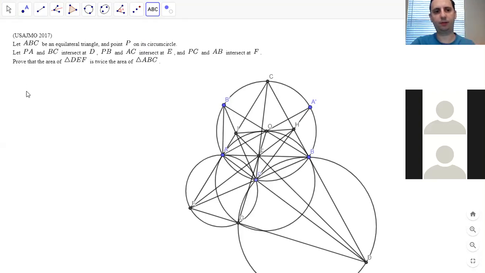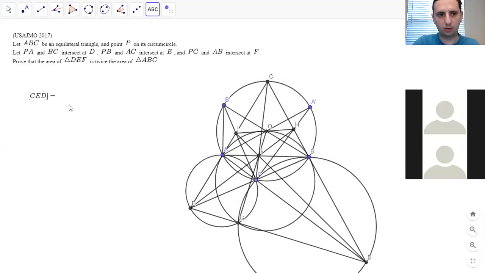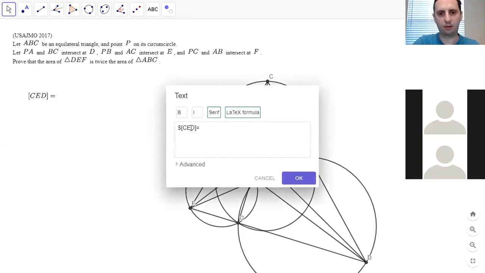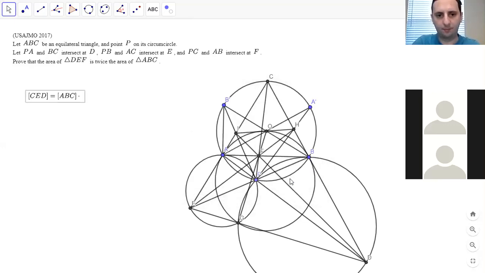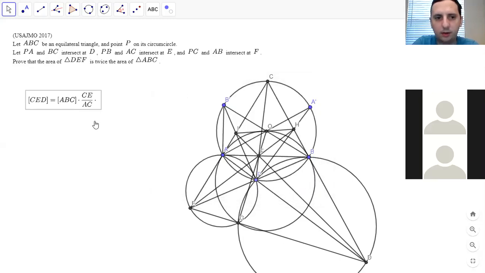So we have the area of CED is equal to, so brackets will be area, the area of ABC times CE over AC times CD over BC.